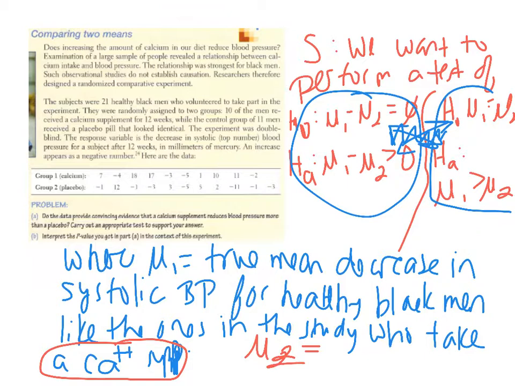They're taking a placebo as opposed to the calcium supplement. Okay, and I need to define my alpha. Alpha equals 0.05 because they didn't give us one. So we're going to stick with our 0.05.